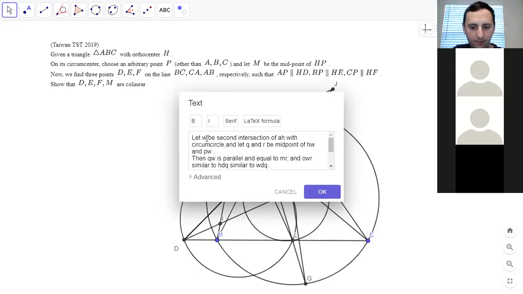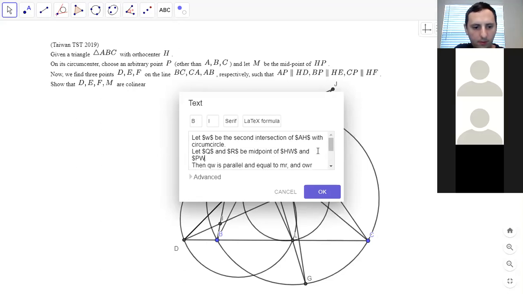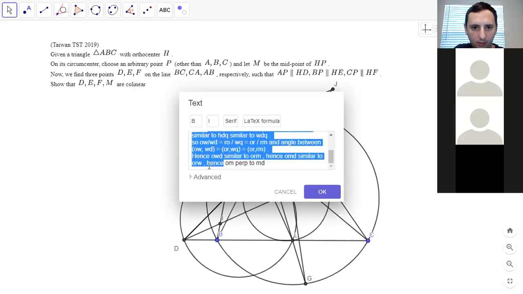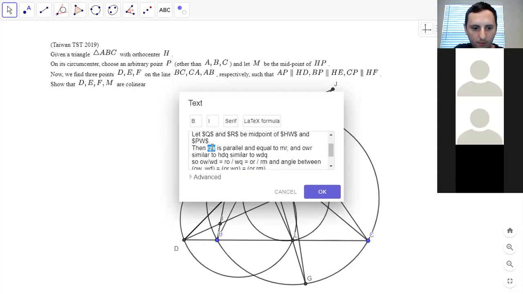Okay, let the second intersection of AH with the circumcircle be W. Let Q and R, I just like capitals, be the midpoints of HW and PW. Then, whoops. Just going to do this as fast as I can.